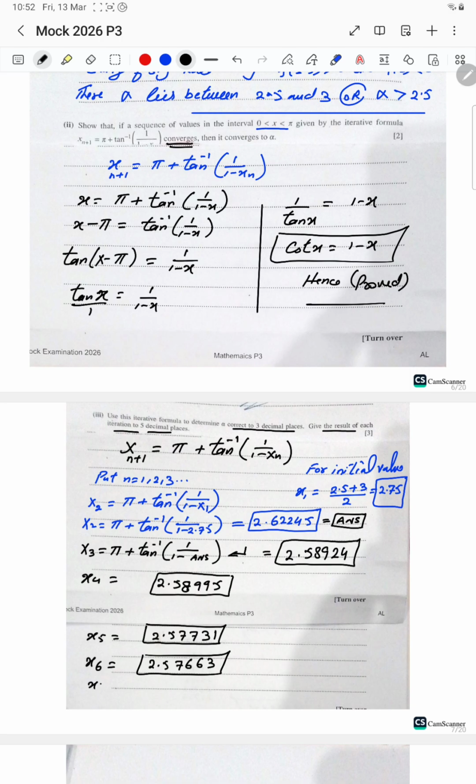Then again we press equal and get 2.57655. Here you can see that after 3 decimal places we have the same answer.